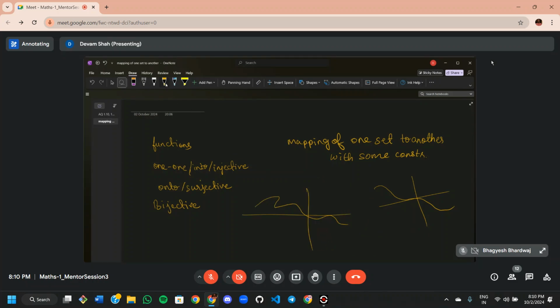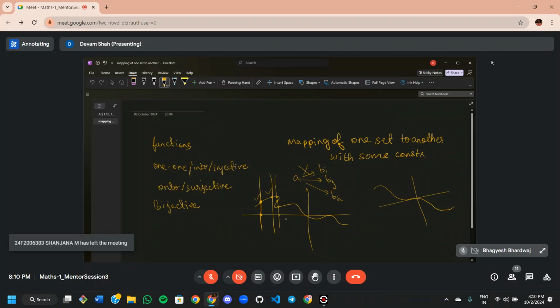If you draw vertical lines, this is one input, then it should cut the graph at only one point. So this is valid. But here you can see it's cutting at three points, that is, one input is mapped to three outputs. So this is not a function, because one input has three outputs as per the graph.